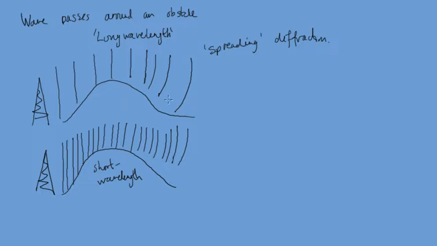You can see this effect in a ripple tank, for example, or on the beach when the waves come in and you see a big boulder: the waves will diffract round the boulder as they pass through.